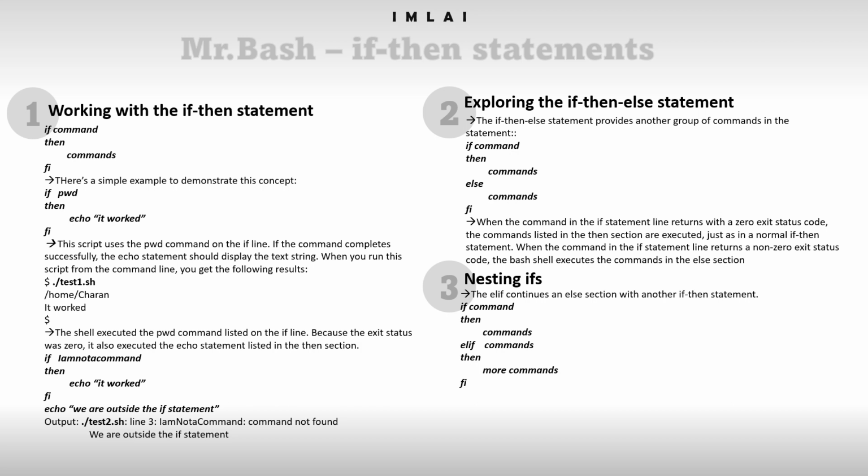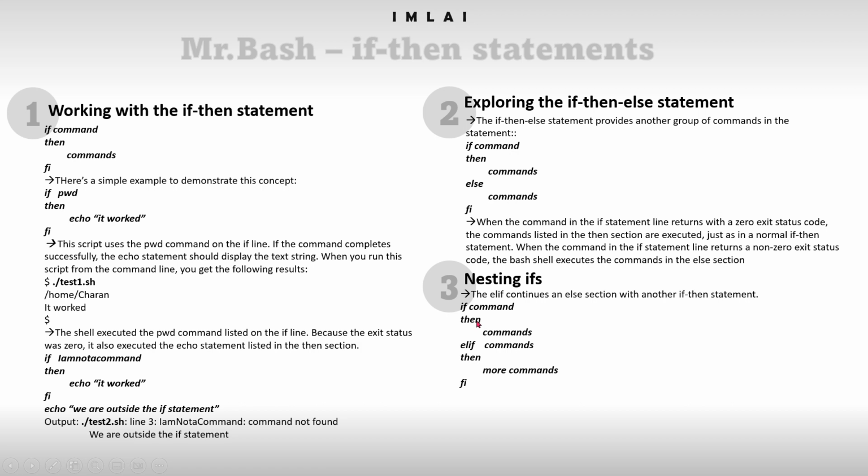So the elif statement line provides another command to evaluate, similar to the original if statement line. So it's like adding one more if then statement to the if then statement. So here, this is your first part of if then statement. If you add an elif here, you can add one more condition, one more if kind of condition. Of course it is elif, but still it's an if condition. Then again one more then section to execute.